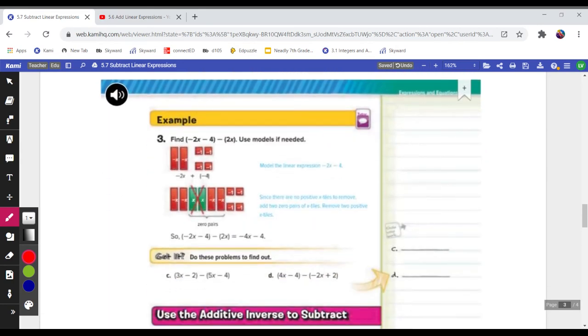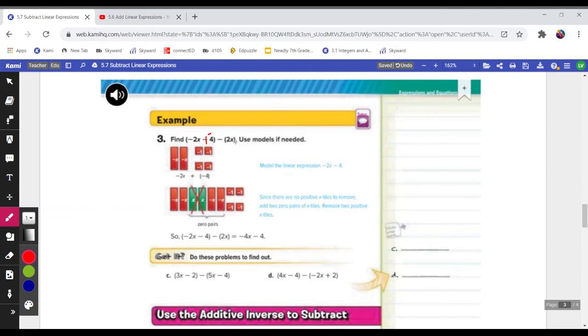So example 3, find negative 2x minus 4 minus 2x. Use models if needed. So the quantity negative 2x minus 4 is displayed right here. And if you noticed, they changed it to adding a negative 4. Then from there, we want to take away 2x.